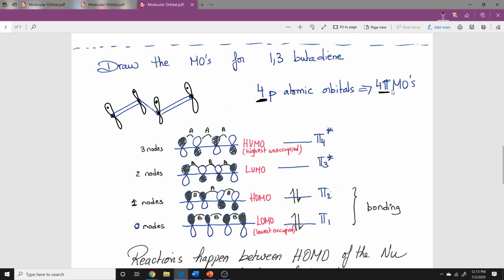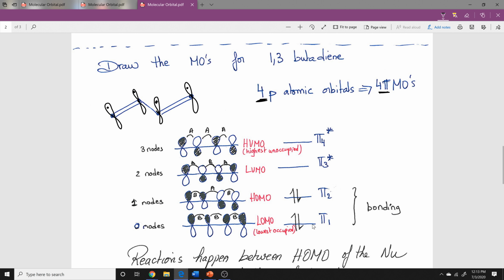You just divide them by 2, and the first two are going to be in the bonding state. For every bonding molecular orbital, there is an anti-bonding molecular orbital. So pi 1 has a pi 3 star anti-bonding, and pi 2 has a pi 4 star anti-bonding in there. You always draw the bonding molecular orbitals at lower energy, and the anti-bonding molecular orbitals at higher energy in there.